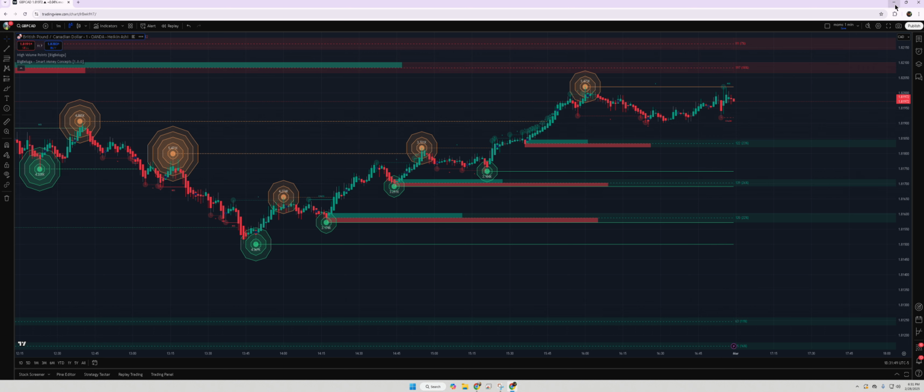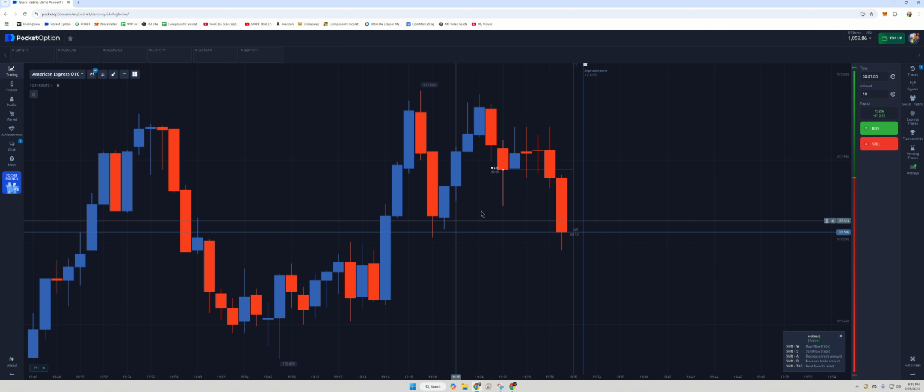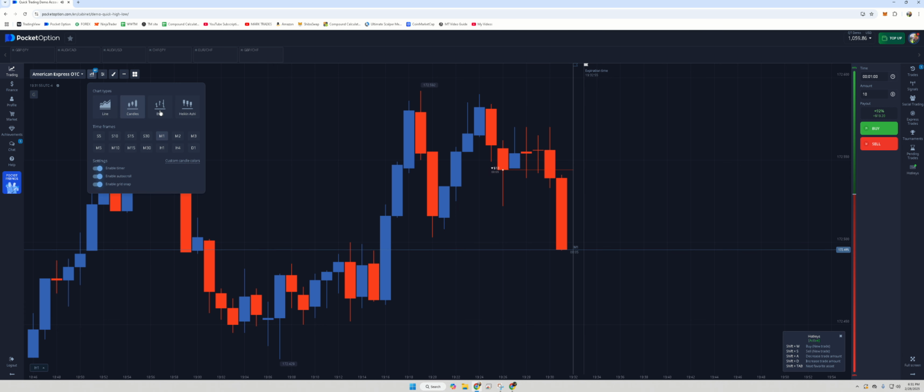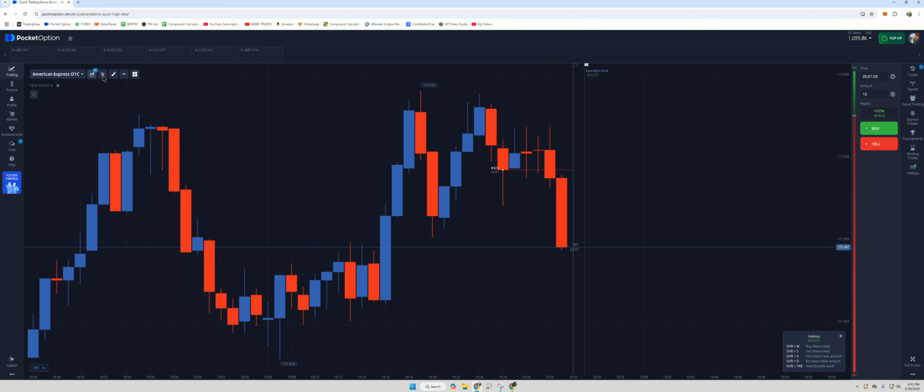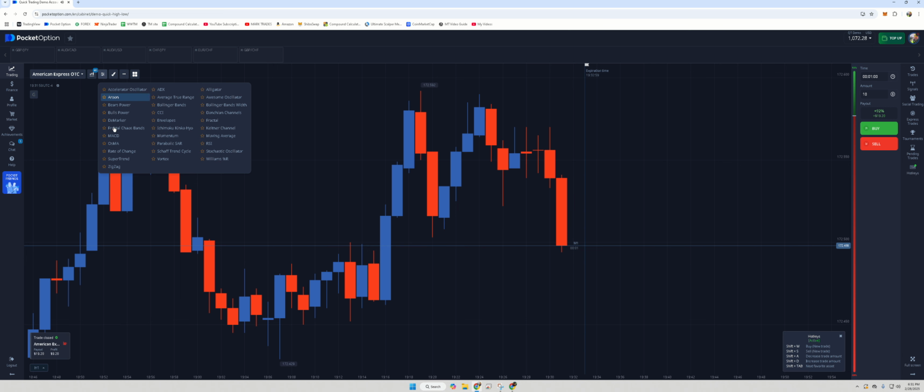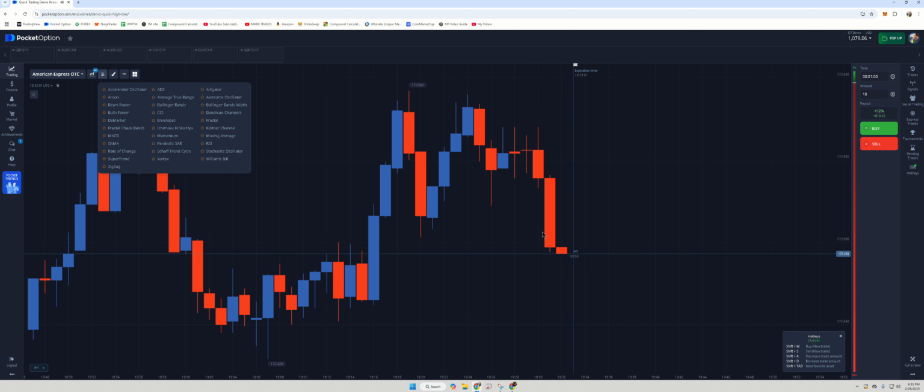Because as far as I'm concerned, the indicators that Pocket Option provides you, right here, are all crap. So we won that one. That gives you a base idea of how Pocket Option works.